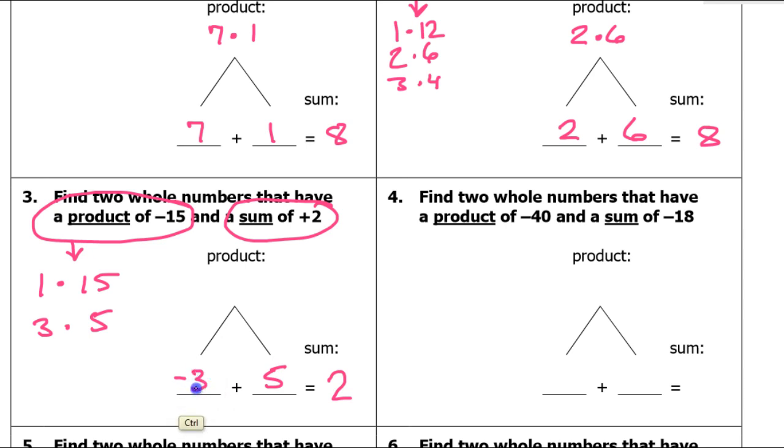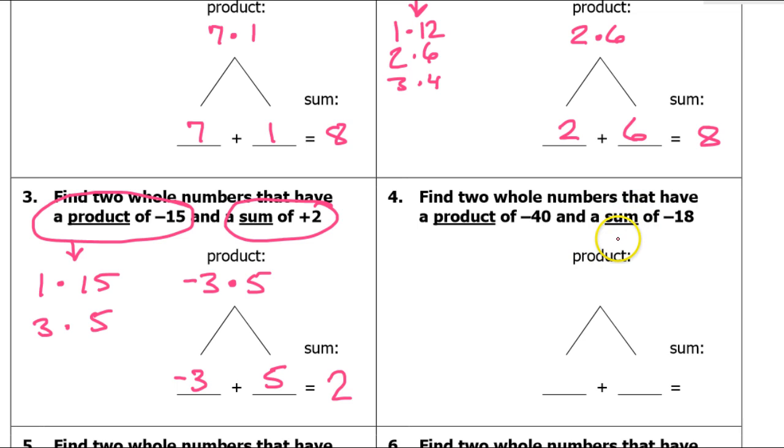So if I do negative 3 plus 5, that's going to be positive 2. So that means the product is going to be negative 3 times 5, which would make the negative 15. So we have the product of negative 15 and the sum of positive 2.